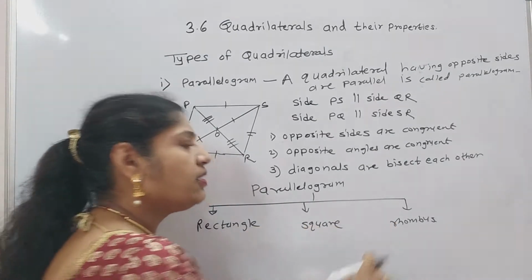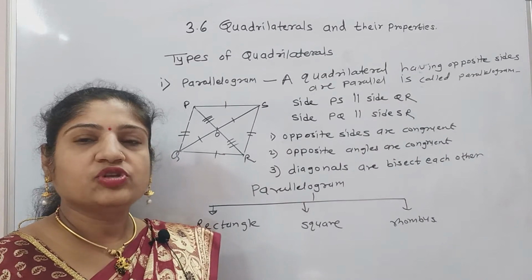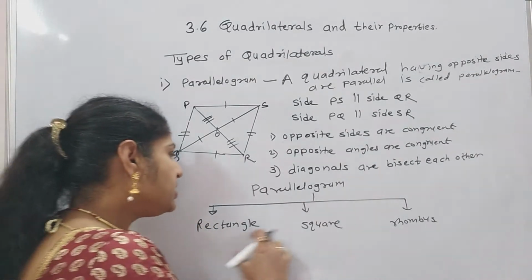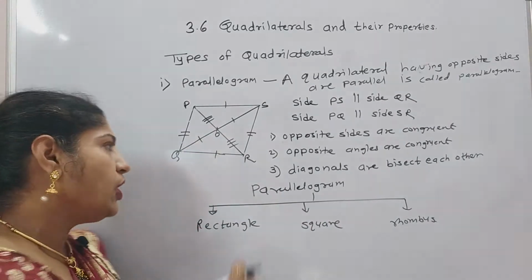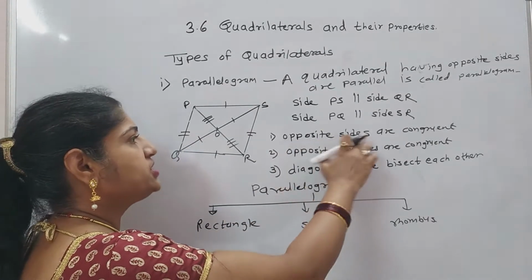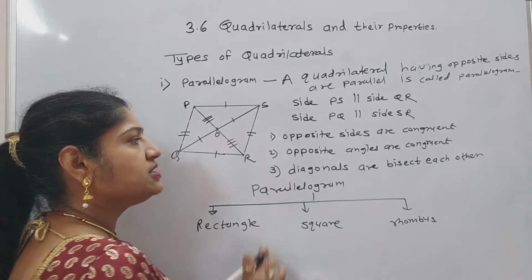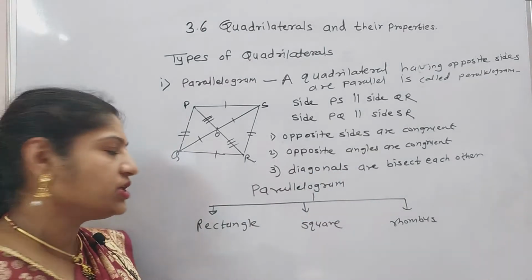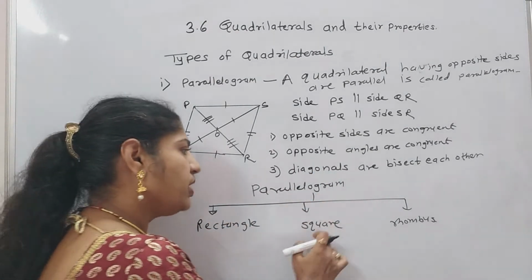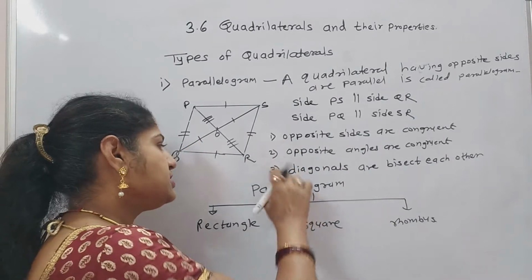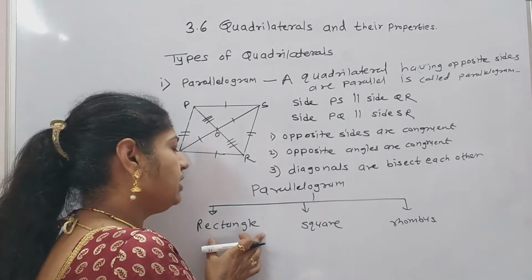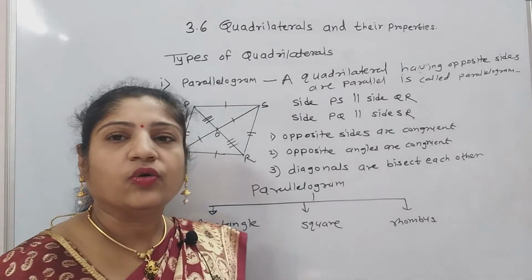Rectangle, square and rhombus are also parallelograms. So the properties of the parallelogram, opposite sides congruent, opposite angles congruent, diagonals bisect each other, are seen in the rectangle, square and rhombus also.